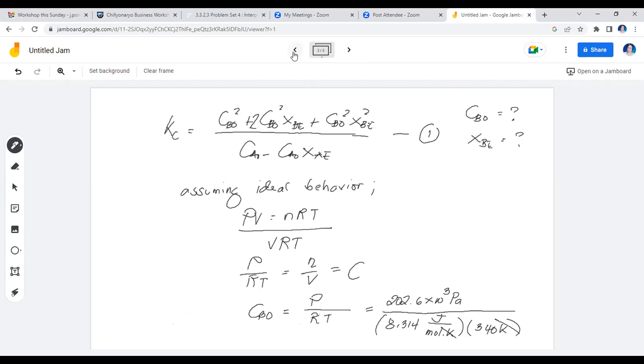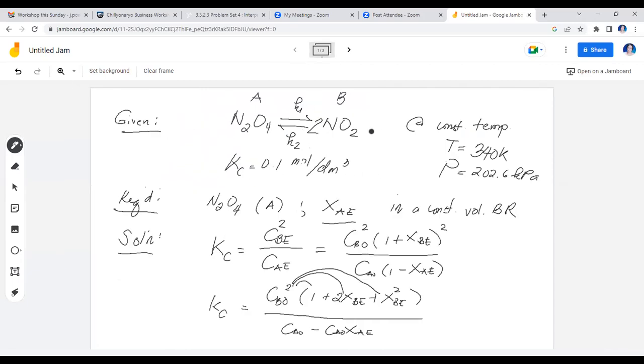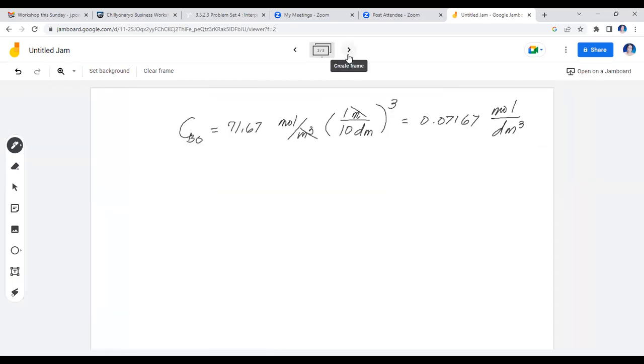The initial CBO that seems to be our problem here in the numerator for our equilibrium constant, we already know. Now, there's a way for us to address the problem of the product of CBO and XBE based on the stoichiometric equation. So we go back to our stoichiometric equation and we can write this particular relationship: CaO XAE divided by 1 is equal to CBO XBE divided by 2.